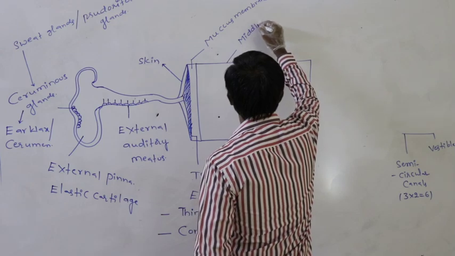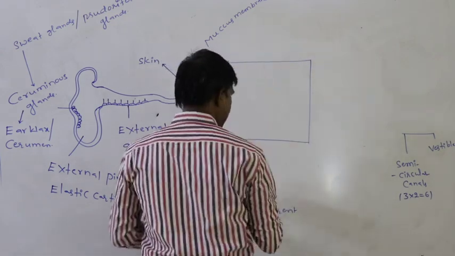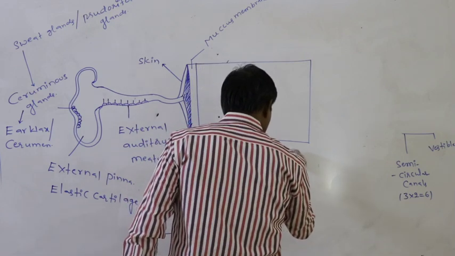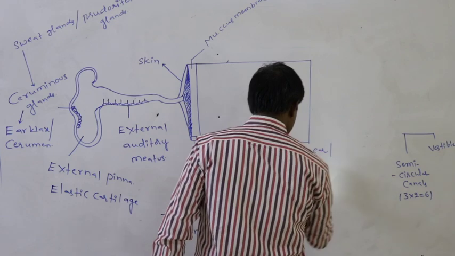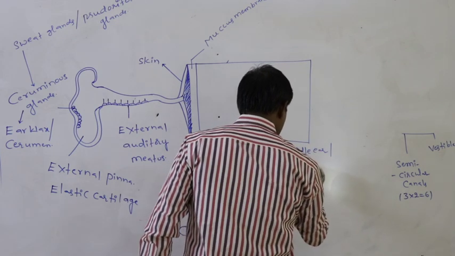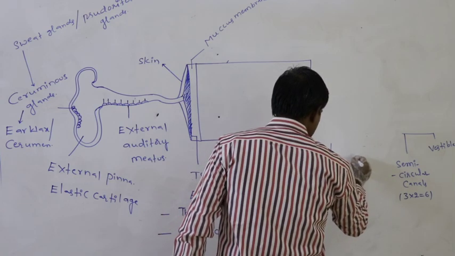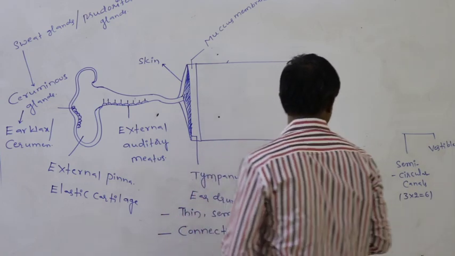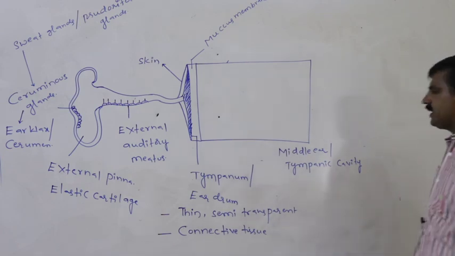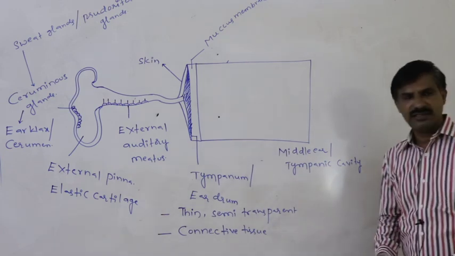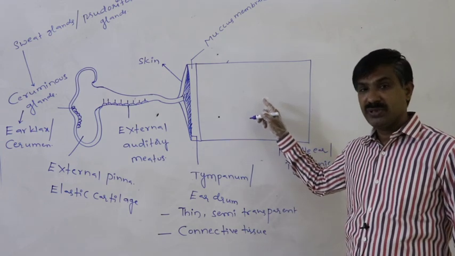This middle ear is also called the tympanic cavity. Why do we call it the tympanic cavity? It is filled with air, but not with fluid.